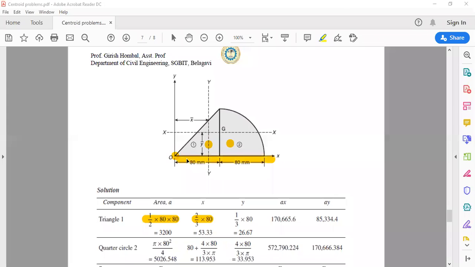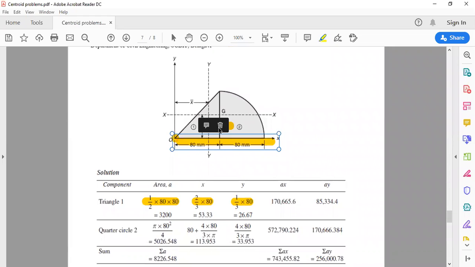So you can see that this x-axis is touching the base of the right angle triangle. Thereby it is 1/3 of total height. Total height is 80 mm. Therefore it is 1/3 of 80. Now next we will be calculating the same for semicircle.